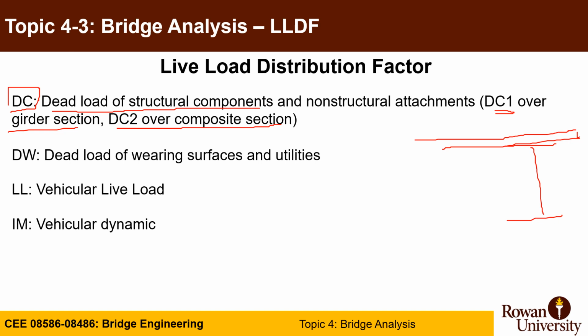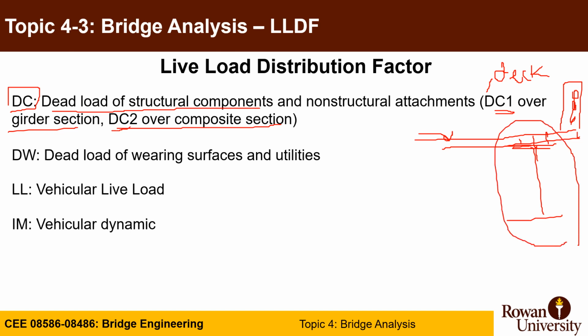And the weight of the bridge deck is actually a load on the steel girder. So this can be counted as a DC1 deck loading. However, after curing of the deck with a steel girder and you have composite action using studs, you may have the barrier cast later. So in this case, the barrier is acting on a composite cross section. So this is a DC component that happens over the composite section.